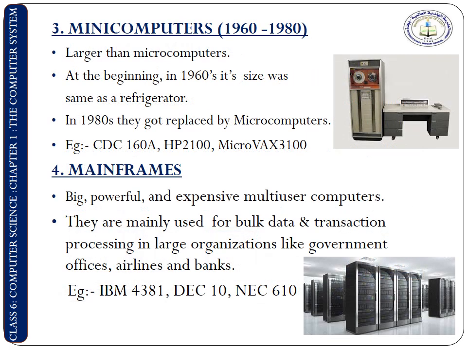The third classification, minicomputers, were in use from the 1960s to 1980. They are larger than microcomputers. At the beginning in the 1960s, their size was the same as a refrigerator.